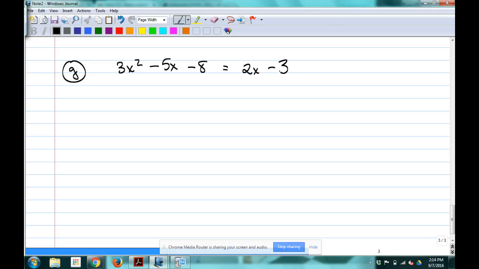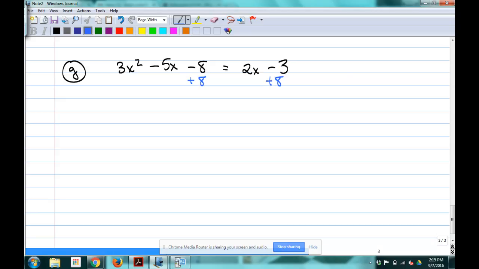This is our last one, so I want to really ramp up the toughness here. Do you get like terms together? Yeah, we do want to get like terms together. That's absolutely the right thing to do. Anytime we're trying to solve equations, that's what you want to do. Do you add 8? You could add 8 because you're going to have to move the constants over to the other side anyway, right?